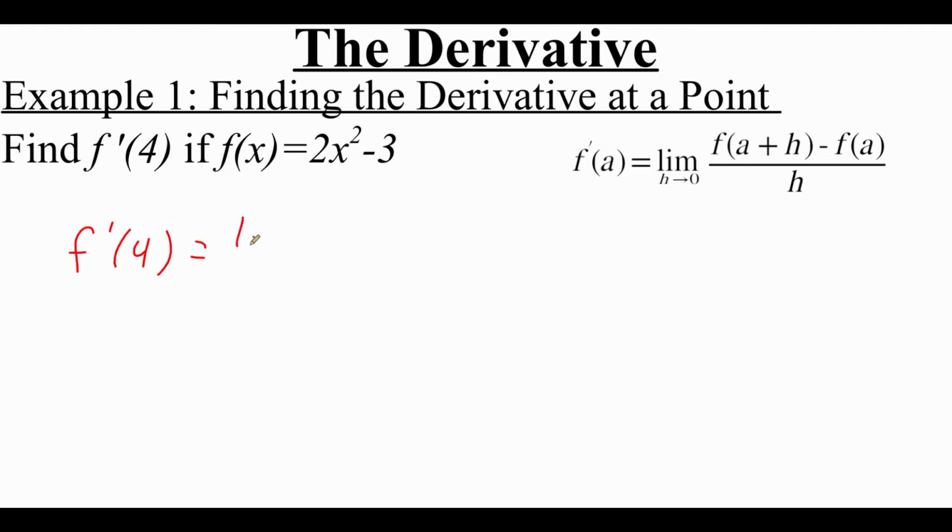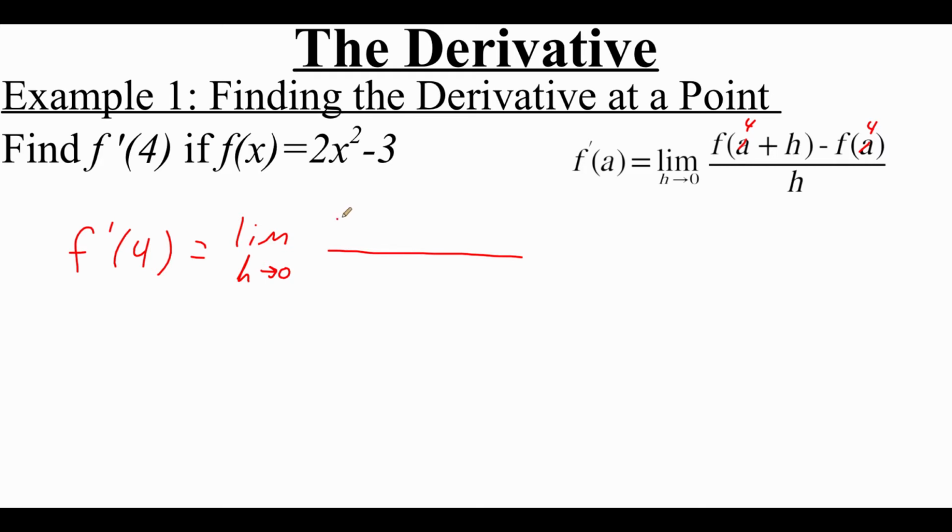So that's going to be the limit as h approaches 0. And on the top of our fraction, what we're supposed to do is f of a plus h. Remember, we're dealing with an a value of 4. So f of 4 plus h in our function means that we're supposed to get rid of that x and replace it with this 4 plus h.